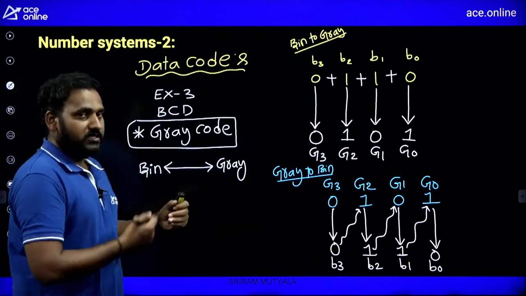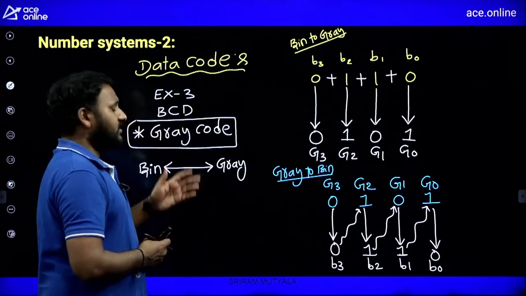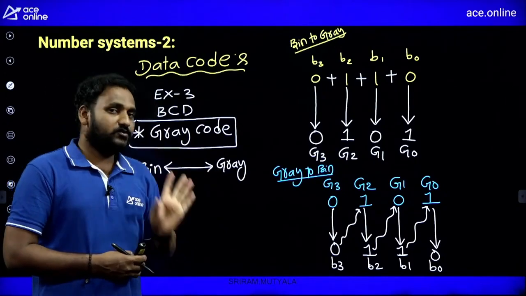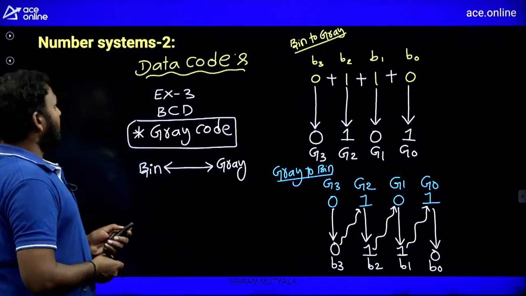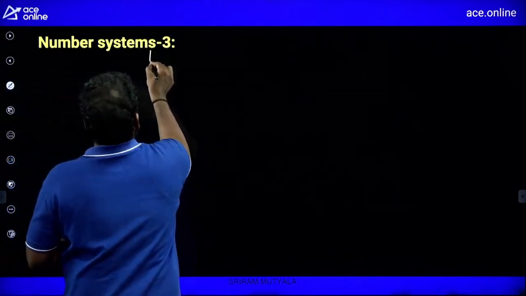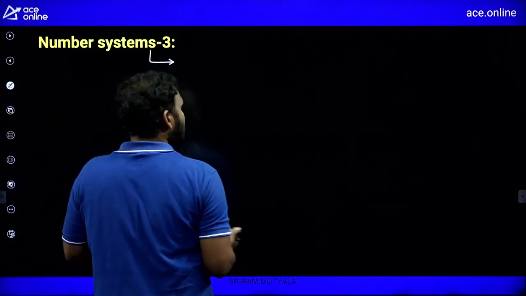And properties: unit distance code. There are some properties for the grey code, you need to understand them. You need to go through it. Read any notes, no problem, okay? And the third set of number systems is complement numbers, arithmetic operations.